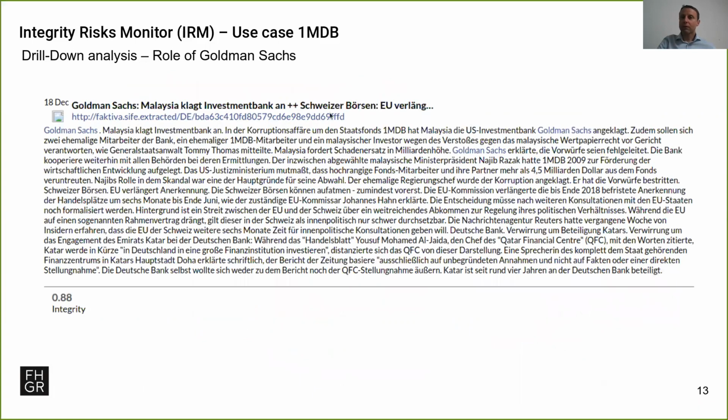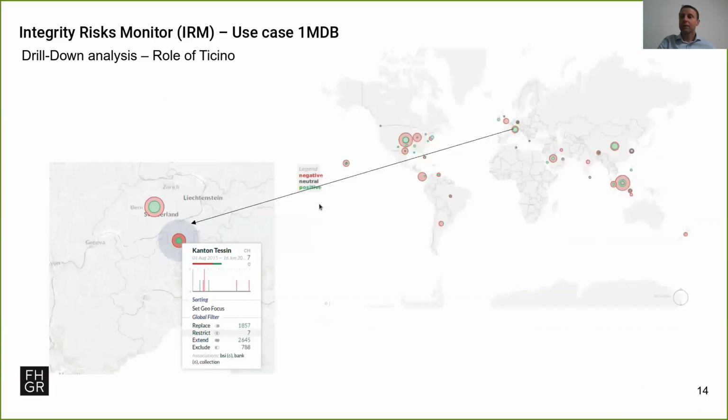Or why Goldman Sachs is relevant. Again, you can drill down to the singular article which shows you this, which again is very helpful for domain experts. The same is true for the geographic distribution.